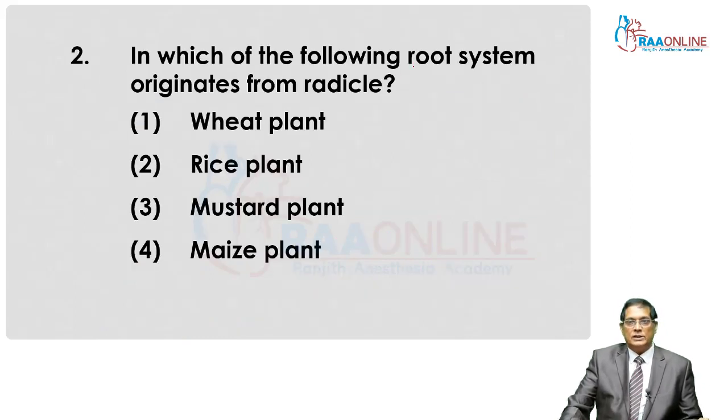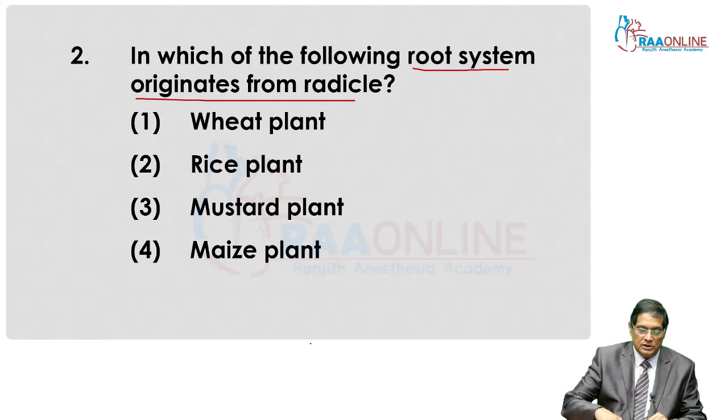In which of the following does the root system originate from the radicle? On the basis of origin, roots are of two types.